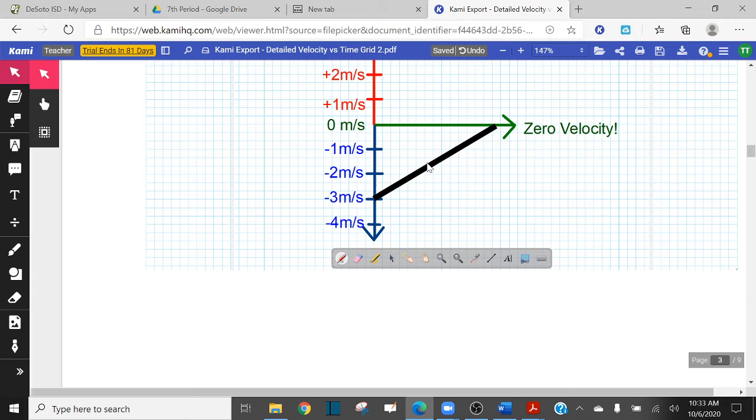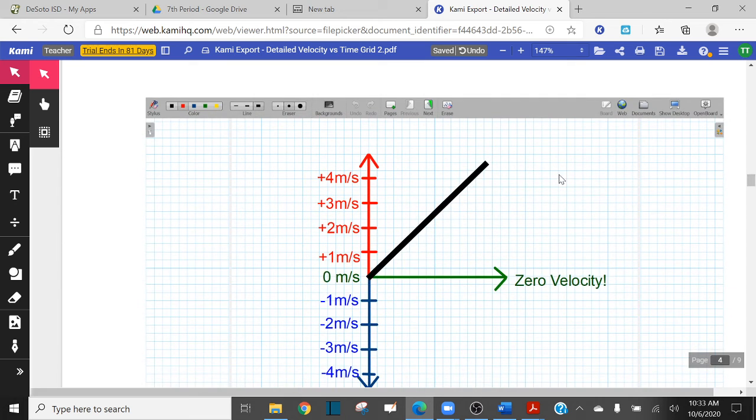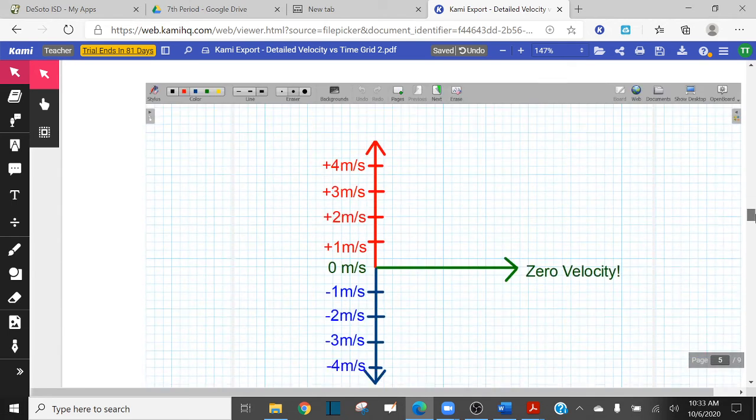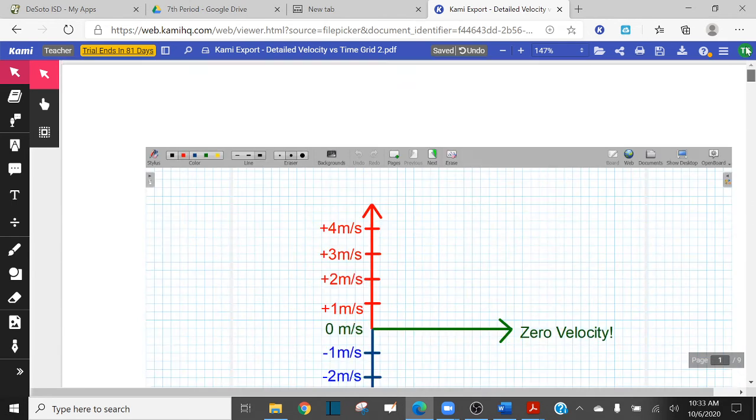I need to delete these annotations from the previous class before I show you this. Give me just a second. Okay.